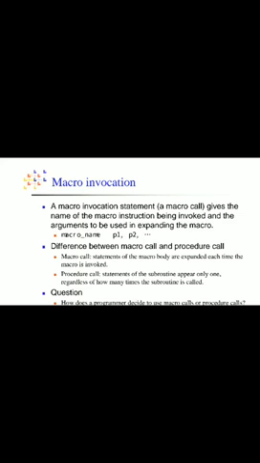But a procedure does not expand. Your control goes to that particular subroutine, executes there and then comes back to the calling function. It means a macro substitutes, whereas a procedure goes there and then comes back again to the calling function.